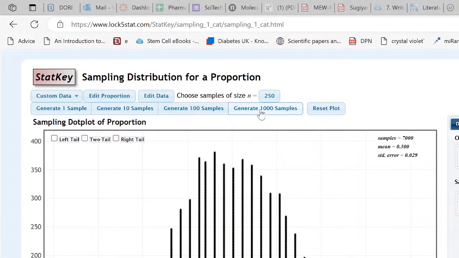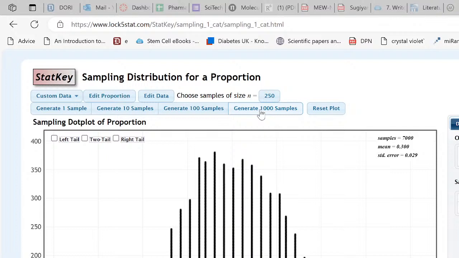But this one is the 10% condition. This formula holds true as long as the population size is at least 10 times the sample size.